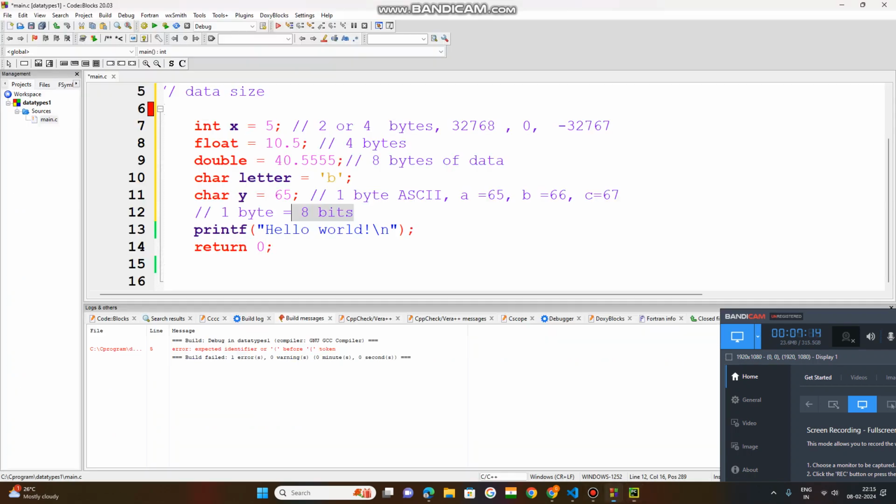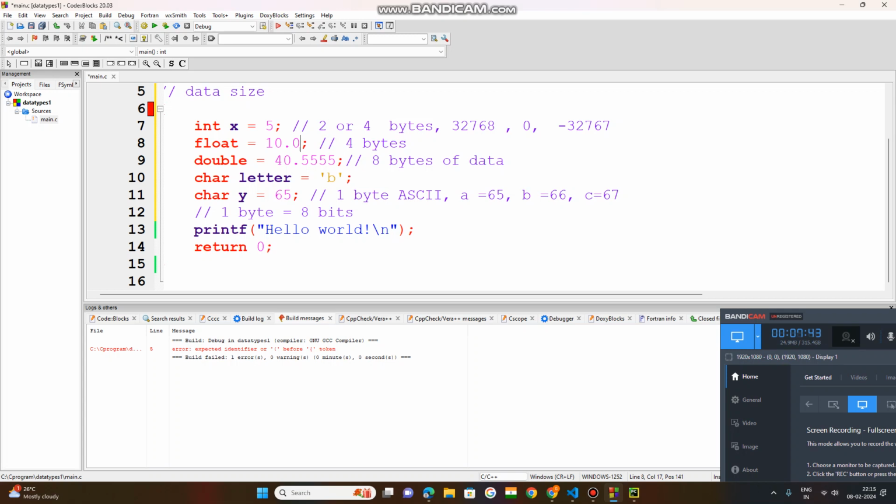Now come down. Next, double, 8 bytes of data. Float always stores decimal numbers. Here, with integers, there is no decimal value. Even 10.0 is a float, not an integer.